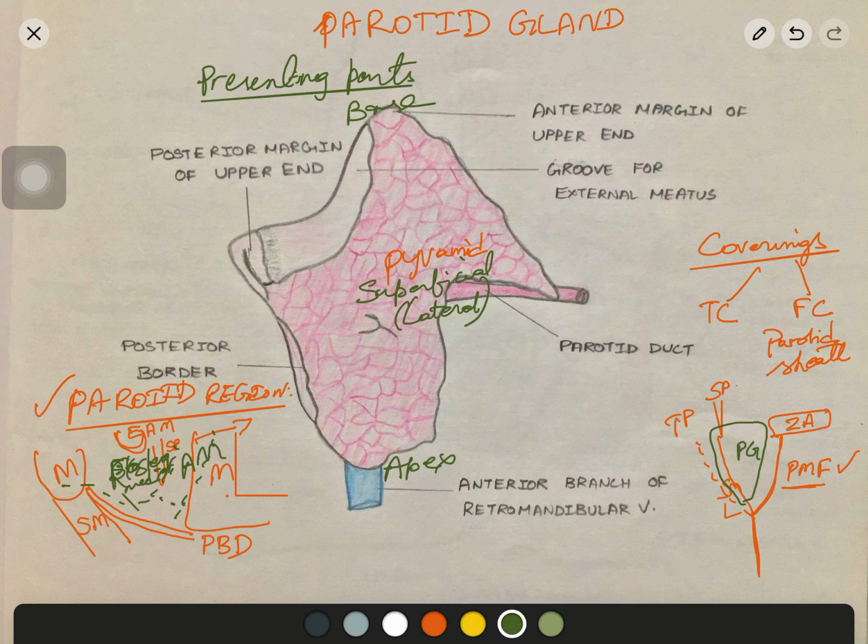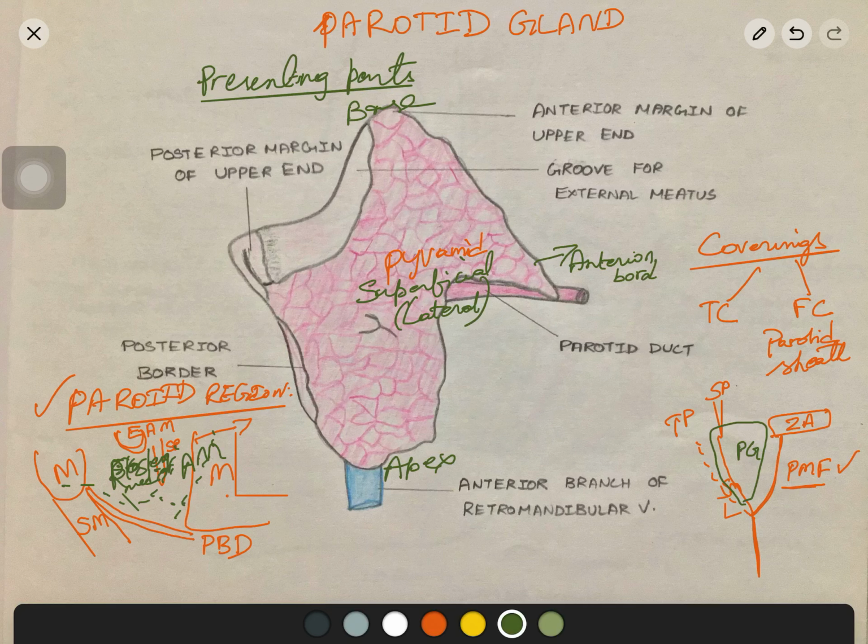You have to think these two surfaces are over the parotid region boundaries. When you think of the superficial surface, the lateral surface, the other deeper surfaces are over these boundaries of the parotid region. That's the way we have to understand these two medial surfaces.